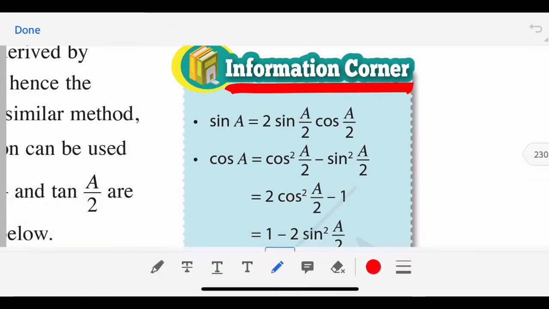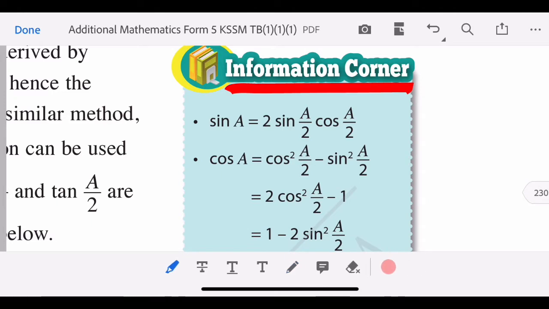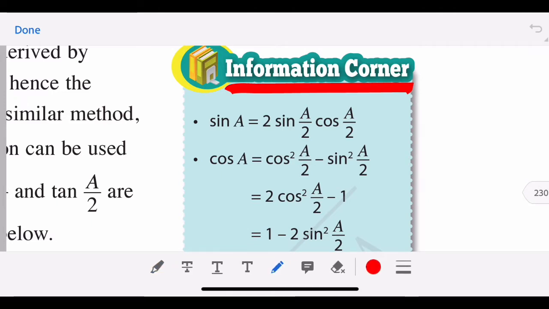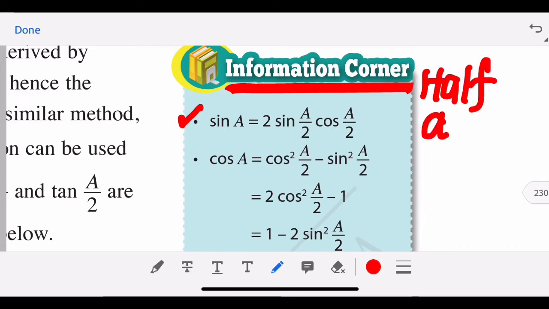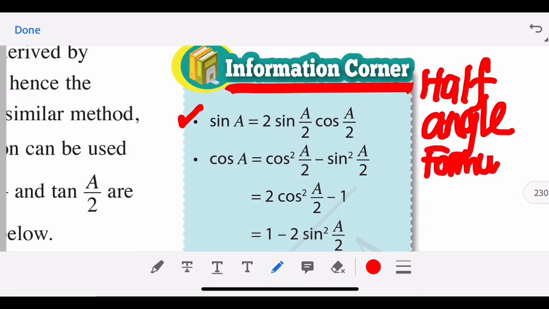So in the formula list it is sine 2A, 2 sine A cos A. So in fact you just simplify the angle from 2A to A, and then you just halve the angle when you apply it to the double angle. You understand? You notice that to the left is actually A and to the right is actually half. The formula remains the same.